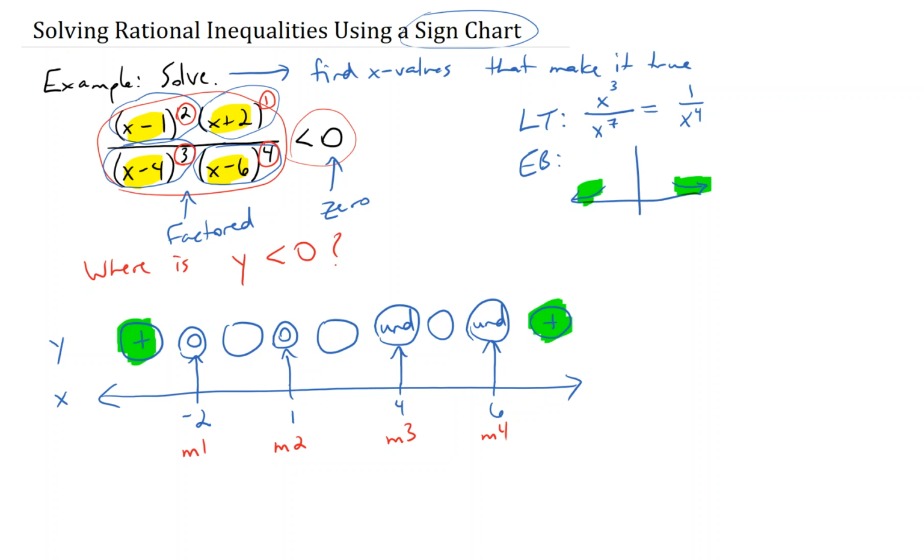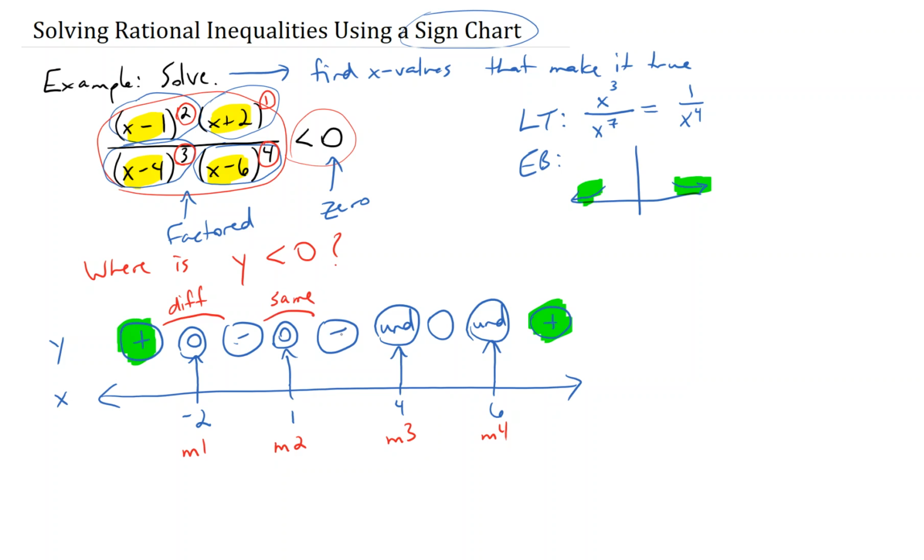Okay, finally we fill in the 3 signs in between here in the middle using our multiplicities. Negative 2 has an odd multiplicity. That means these signs have to be different. That means this has to be a minus. 1 has an even multiplicity. That means these signs have to be the same.